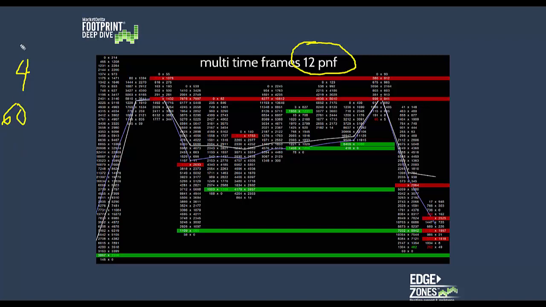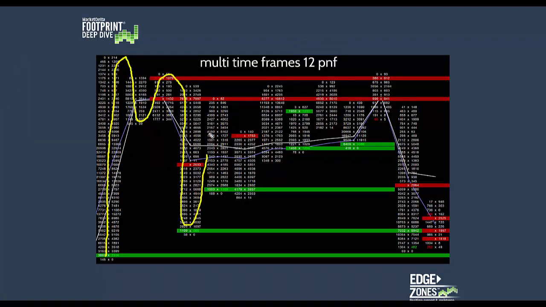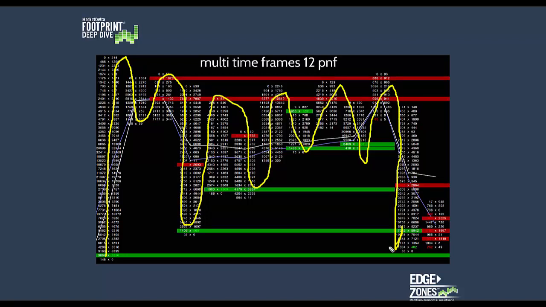It's not minutes, but the concept is the same, right? A 2-minute chart is a smaller time frame than a 60-minute. Same concept with a PNF. With a 12 PNF, and I'll walk you through this because it's important whether you know it or not, it's always got up bars and down bars. Should be coincidental. That's the way I want people to follow a market anyways, correct?